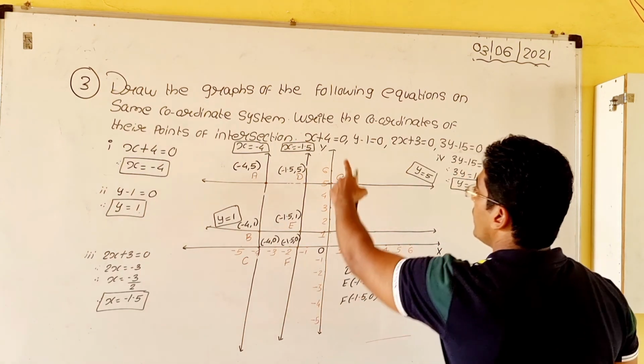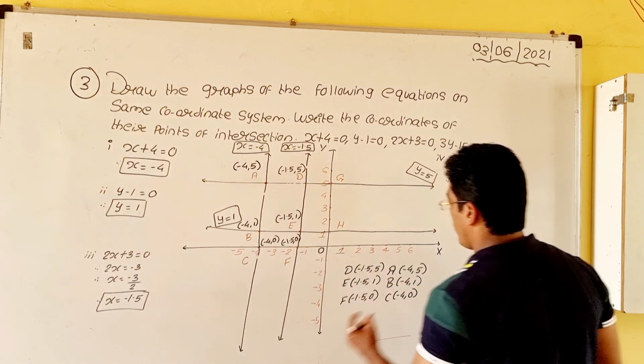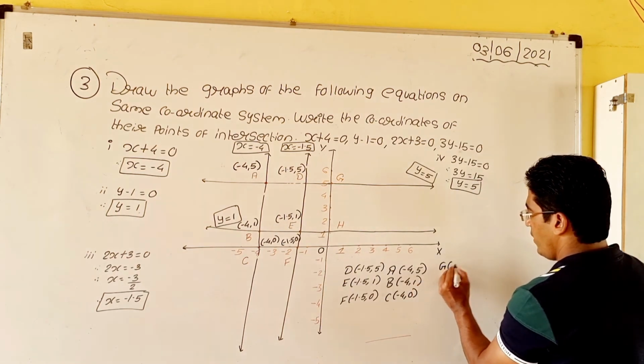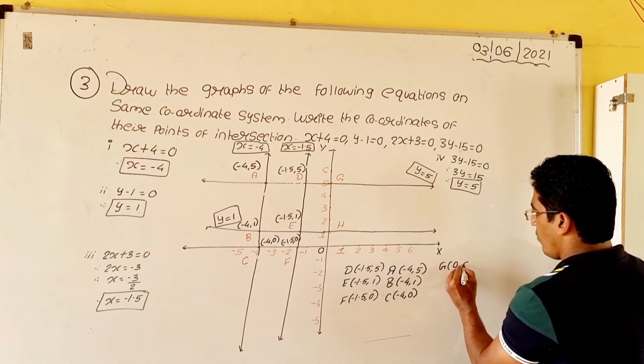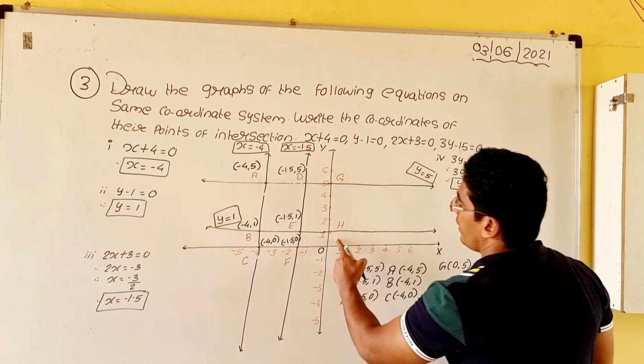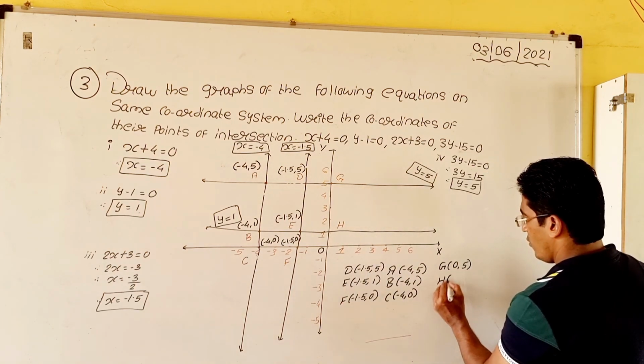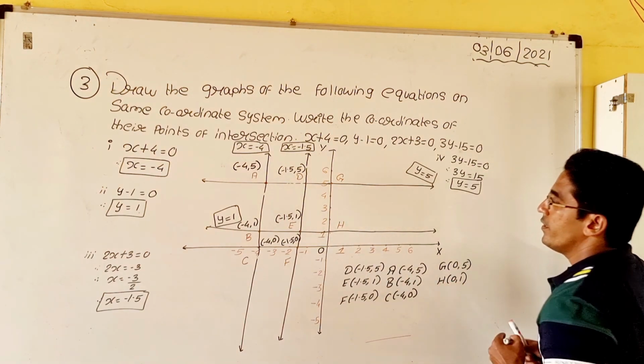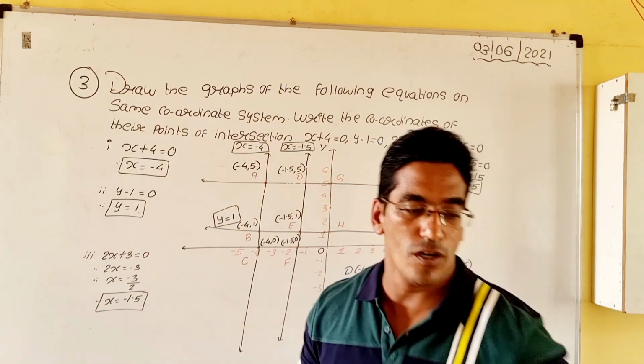Now G. G is lying on which axis? Y-axis. So G will be 0, comma 5. H is 0, comma 1. So such questions can be asked for 3 to 4 marks.